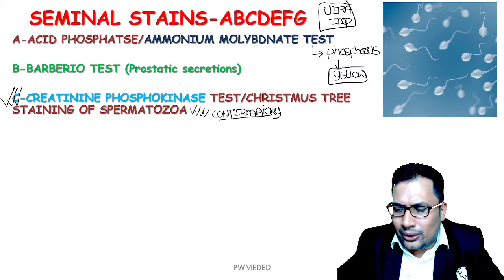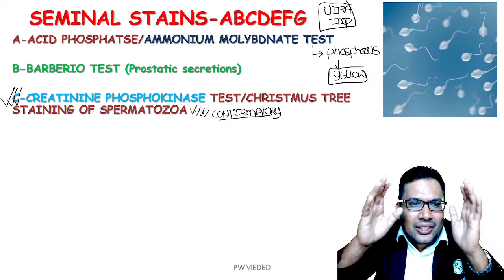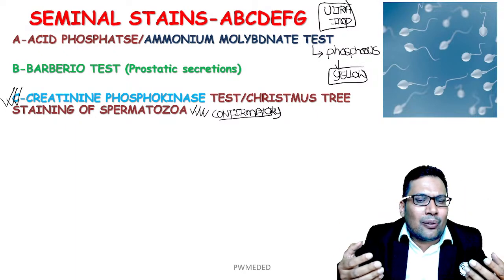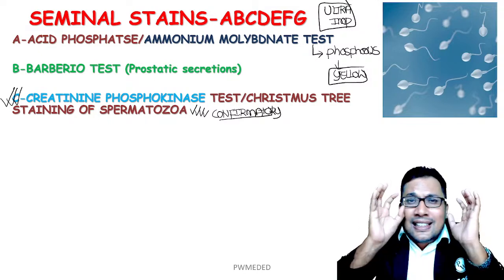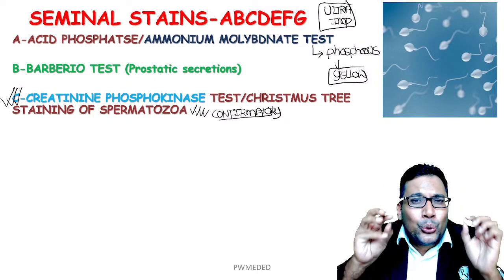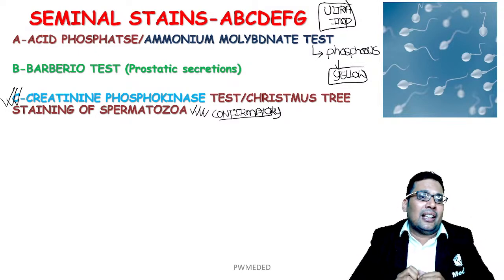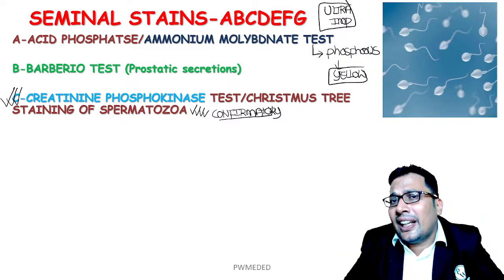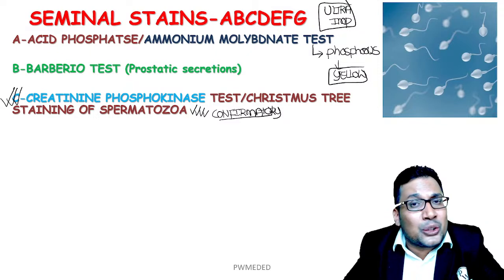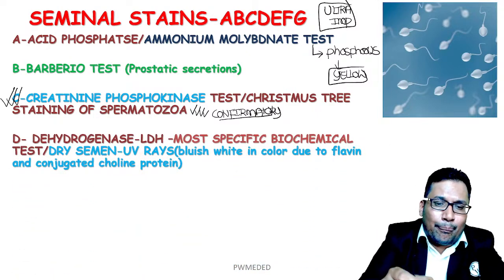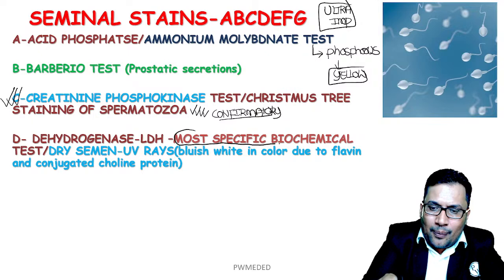So all of you remember, when the question asks the commonest test, acid phosphatase. Confirmatory test for seminal stain, your answer should be visualization of spermatozoa by using Christmas tree staining. That is a confirmatory test. D for lactate dehydrogenase test, which is one of the specific biochemical tests.